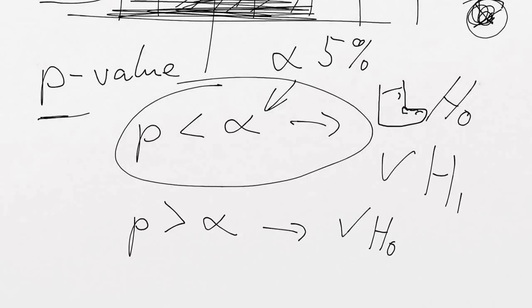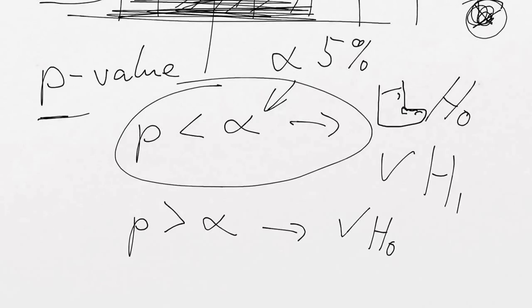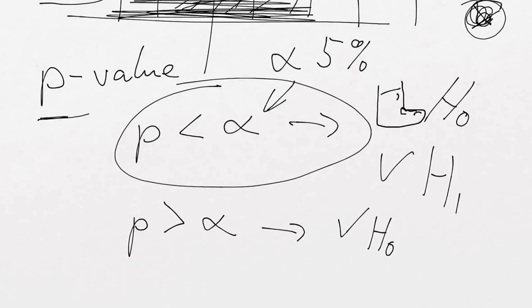If p is low, which means lower than alpha, if p is low, h0 must go. If p is high, h0 can stay. Right? So, p low, h0 goes out of the window. The samples are different. P is higher than alpha, H naught can stay.